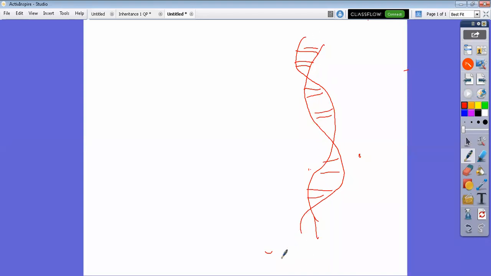Is that making sense? I said a chromosome is a long thread-like structure of DNA, which carries genetic information in the form of genes.